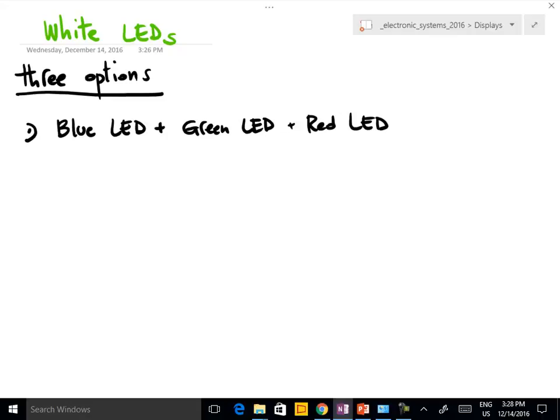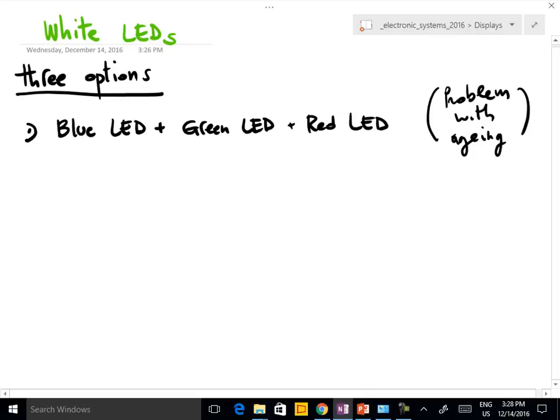It depends on the technology, but one of the 3 types of color changes in intensity and ages more than the others, and then the combination of the 3 colors does not give you a white anymore, but something closer to a combination of 2 of the colors. Okay, so this has a problem with aging. It is used, but not so often because of this problem.